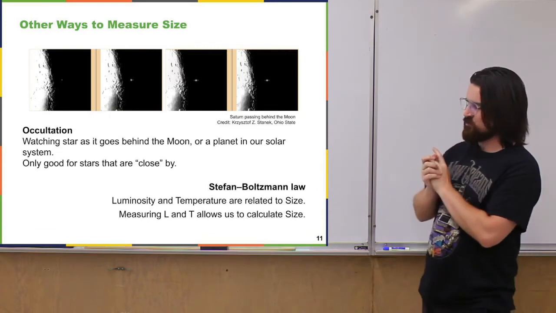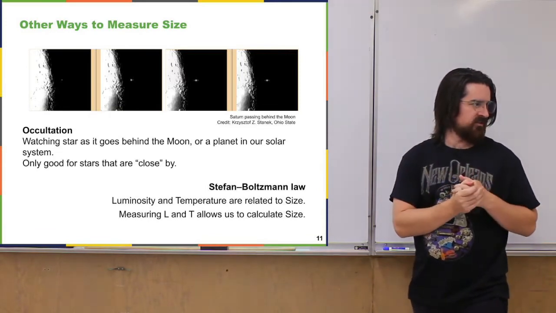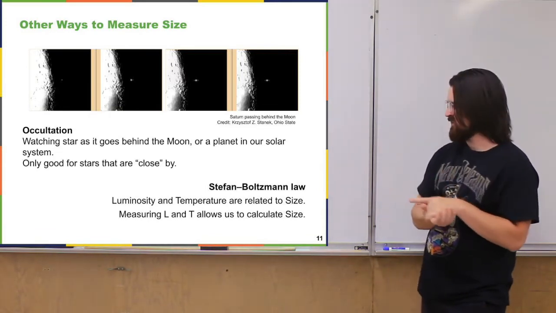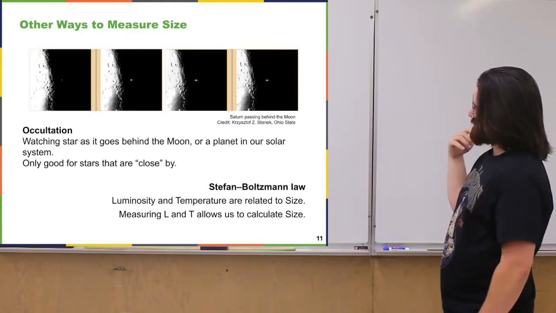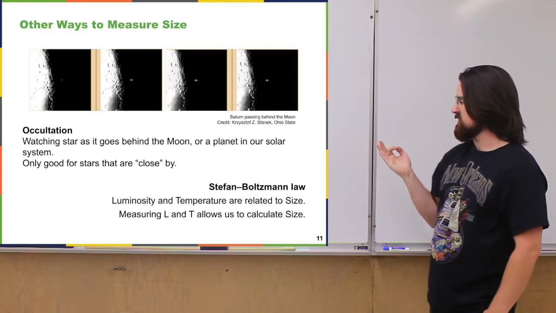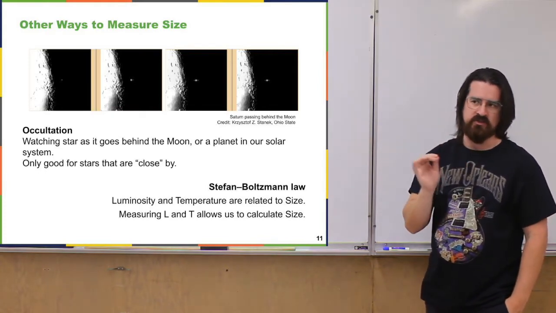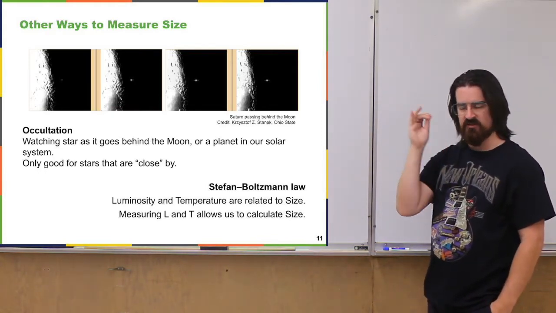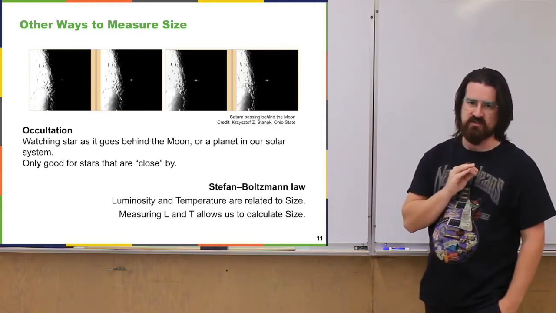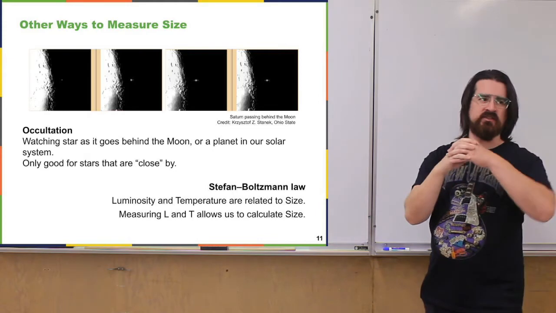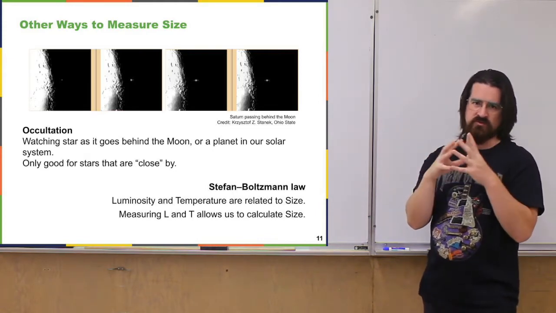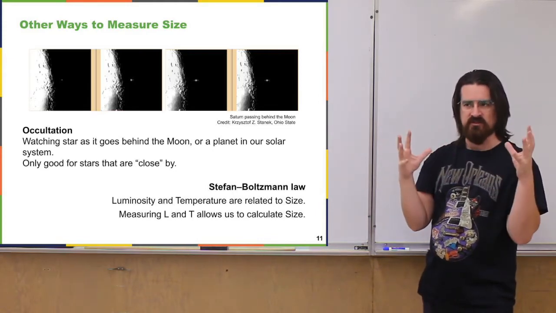Another way has to do with something called the Stefan-Boltzmann law, which I didn't really tell you about, and we don't need to worry too much about, but the luminosity and the temperature of a star are directly related to the size of that star, the surface area in particular. And the surface area is related to the radius and the diameter of that star.